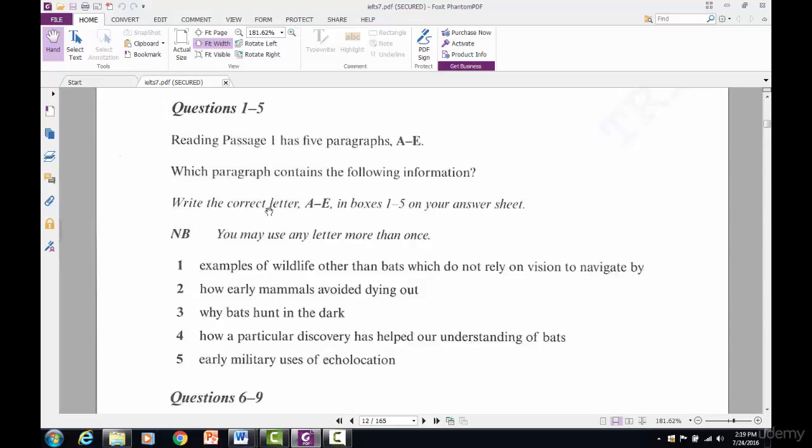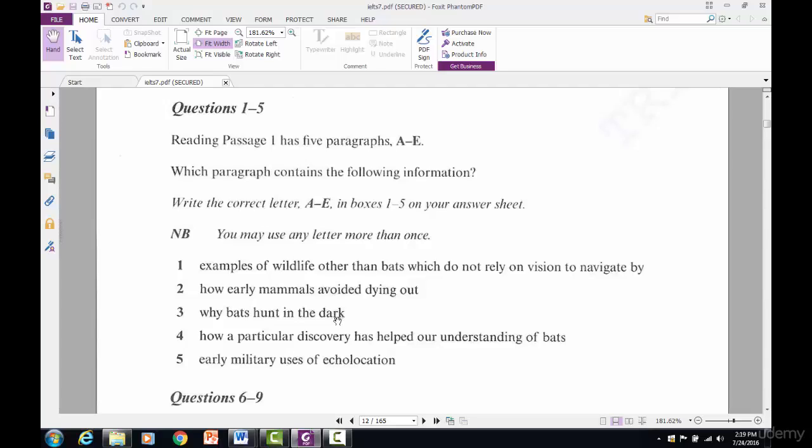All right. So when we're looking at number 1, the keywords are wildlife other than bats, and not rely on vision. So we need a paragraph that's talking about wildlife other than bats. Number 2, early mammals. It's a paragraph that's talking about early mammals. Number 3, bats hunt and the word dark.